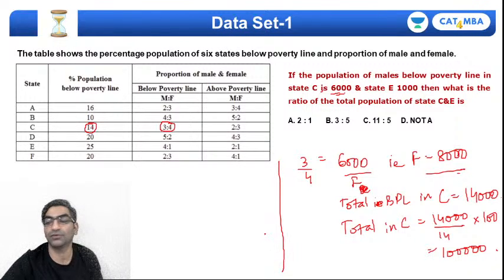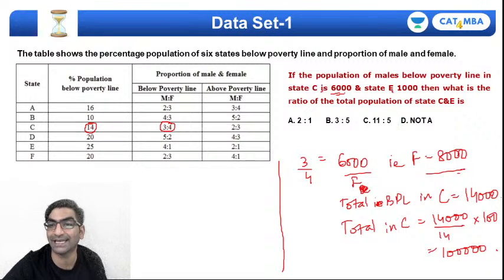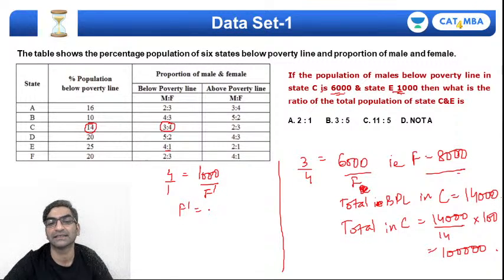Just as if you go on to state E, the other information. In state E, I have 1,000 males below poverty line. Let's go to state E, 4:1. So 4/1 will be males 1,000 upon females F dash, let's say. F dash I'll get as 250.